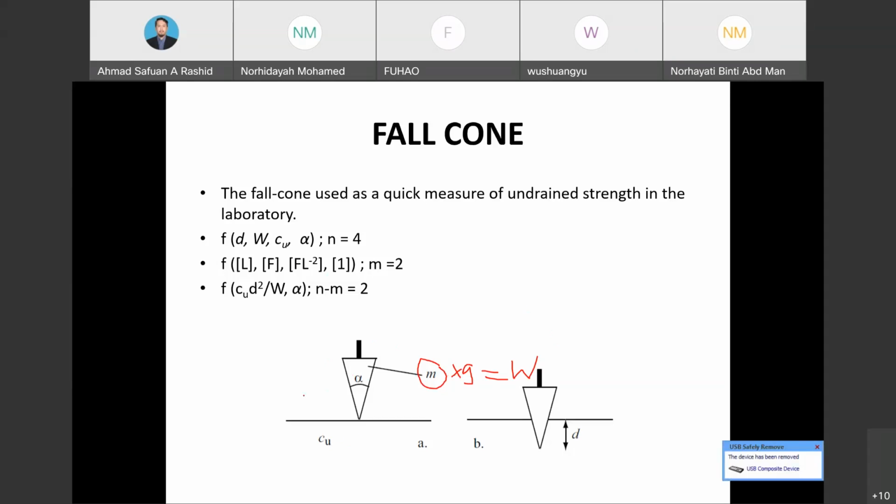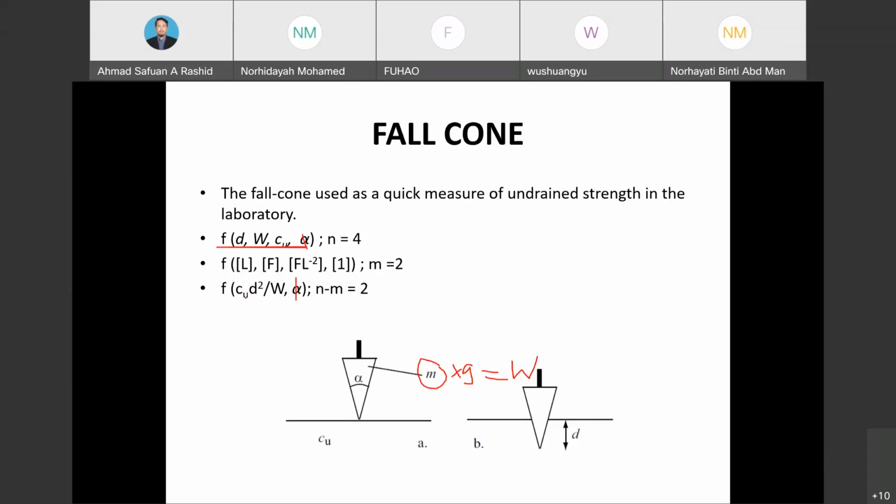Then we derive the primary dimension from the variables. The minimum number of primary dimensions is 2, so 4 minus 2 gives 2. The first one is to use the alpha, and the rest uses the remaining variables, so we have Cu times d squared over W.